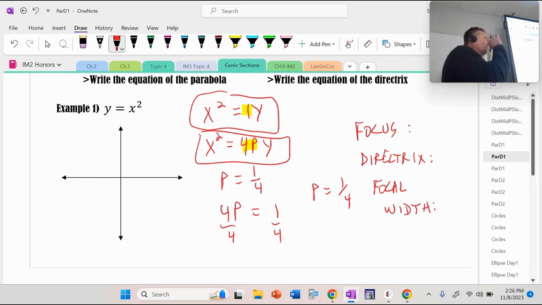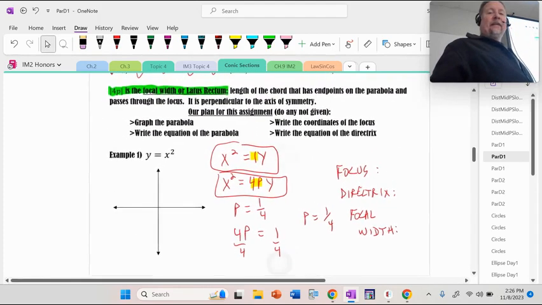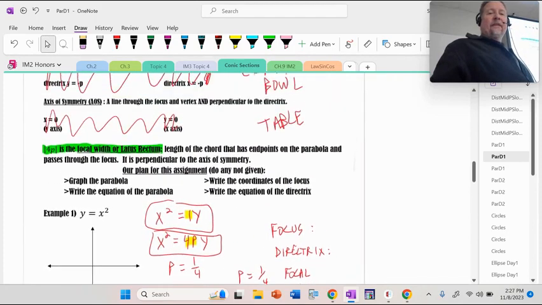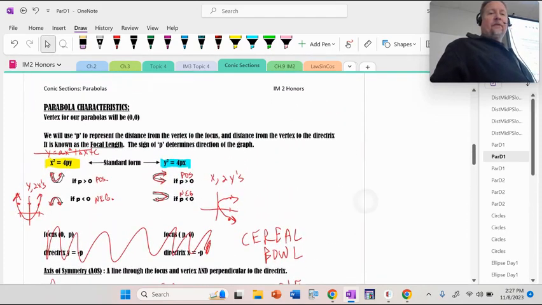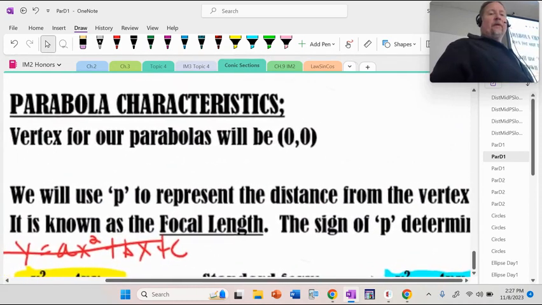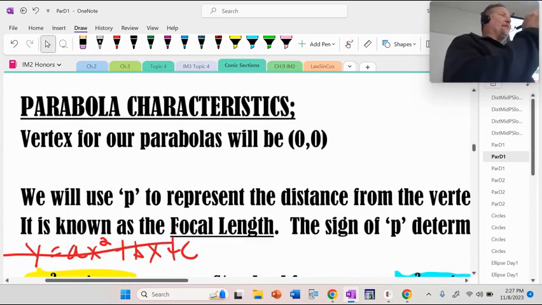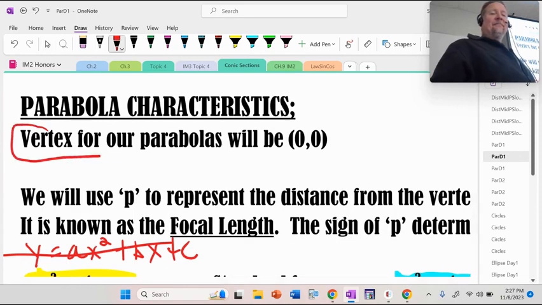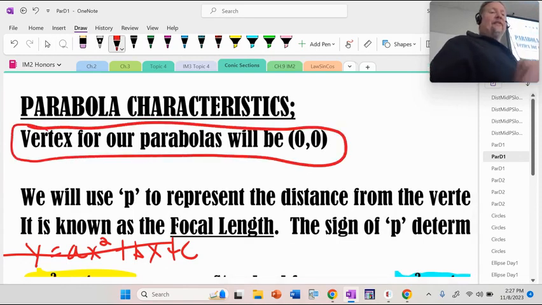Okay, but before you do that, cereal, say it. Bowl, say it. Table. Now, I didn't give you this here. Let's find it up at the top here. Here we go. Someone fifth hour. Dang it. Calls it parabola, and you just got me to say it. The vertex for all of these will be 0, 0 today.